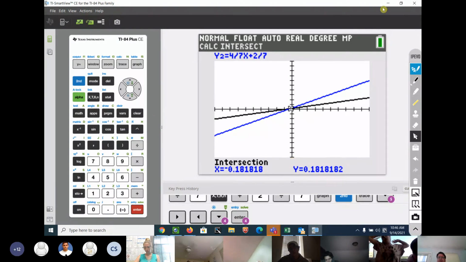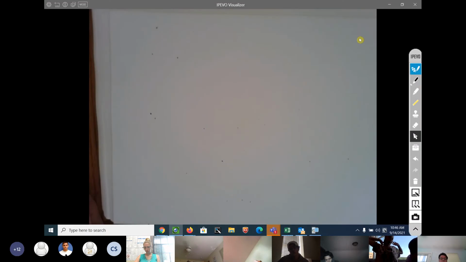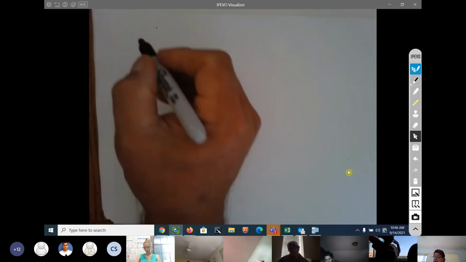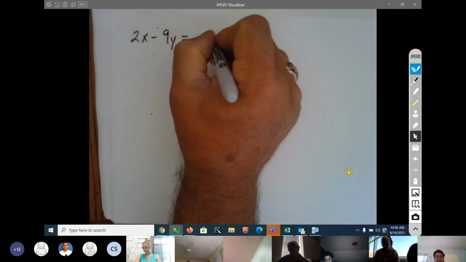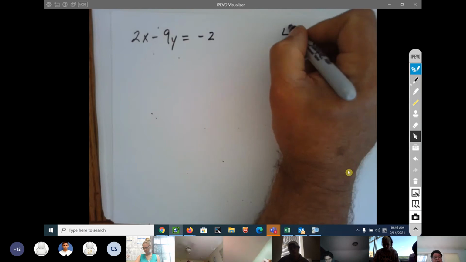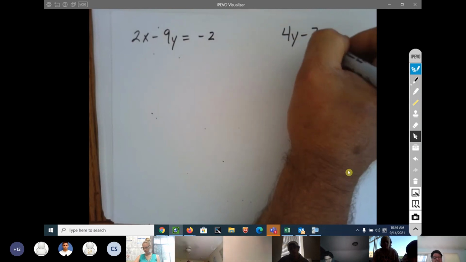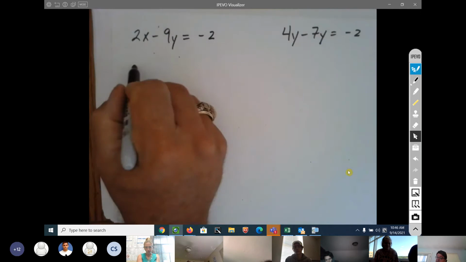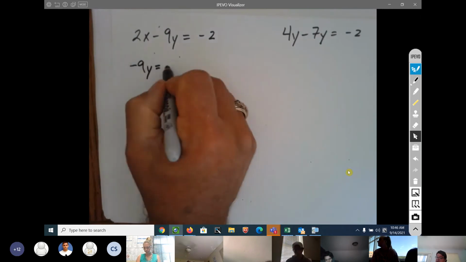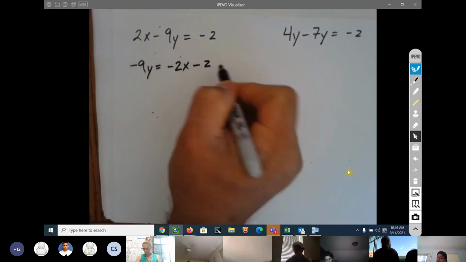So let's go to elimination. I meant substitution. 2x minus 9y is equal to negative 2. 4x minus 7y is equal to negative 2. Well, both of them are pretty yucky. So I'm just going to solve this one for y. Negative 9y is equal to negative 2x minus 2.